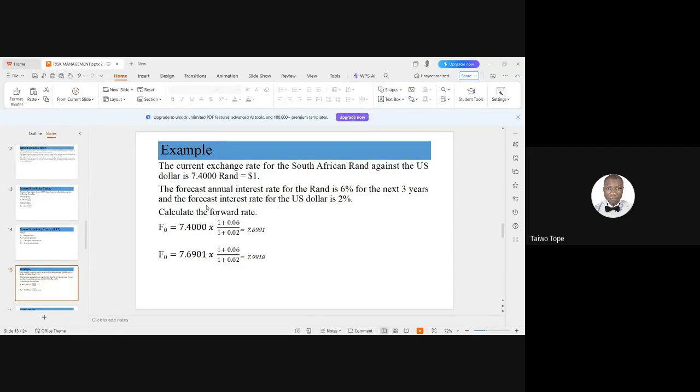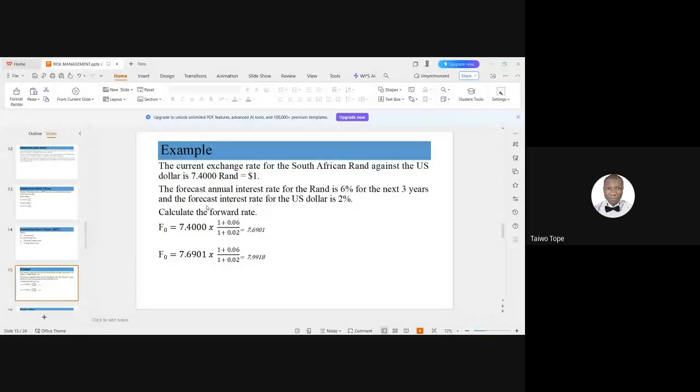In the last class, I said we have two forms of hedging, the internal hedging and the external way of hedging. For the external way of hedging, we have forward contracts, money market hedges, future contracts, options, swaps, and so on. So these are external hedging techniques.